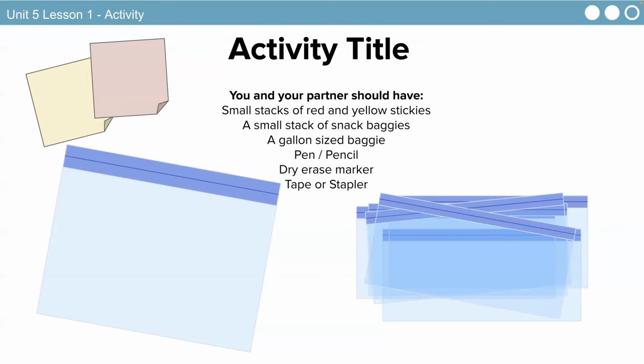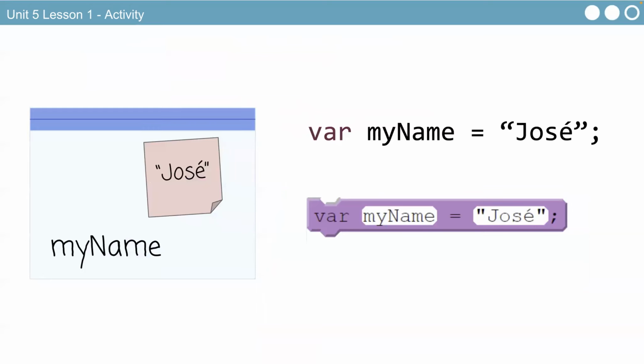Normally I would give you little snack baggies or sandwich-sized baggies to be items in the list, but you can draw smaller squares to represent those items. Just keep this in your mind, and you can draw these out later.